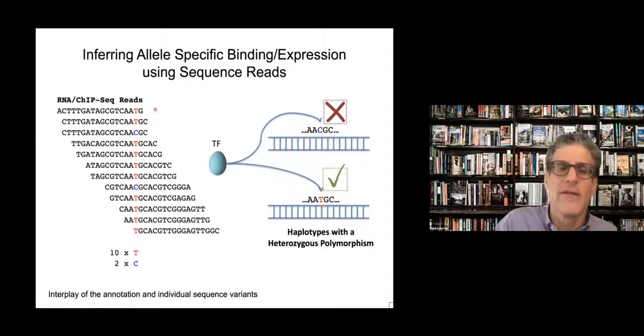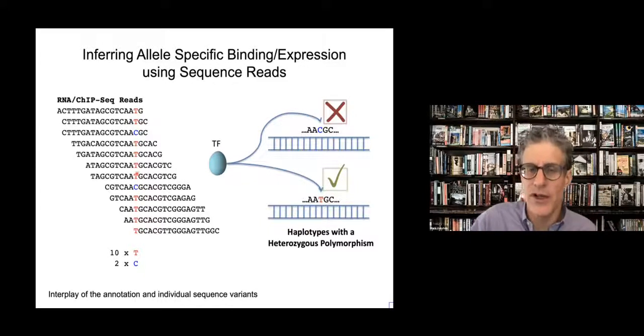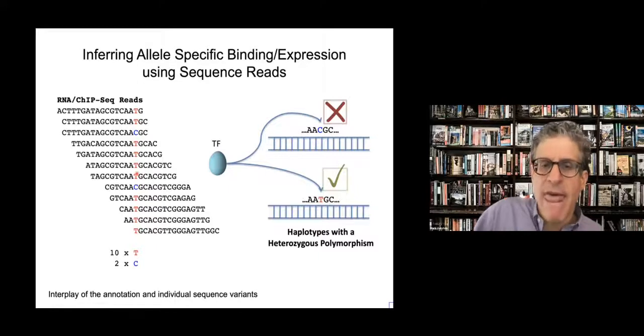So if they come from the maternal copy, they would have one letter, and if they come from the paternal copy and there was a difference, they would have a different letter. When you make your read stack, you'll see the maternal and paternal copies, and you can simply separate out the signal for each of them. That gives you what's called your allele-specific binding or expression information.